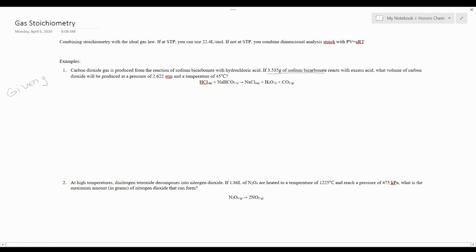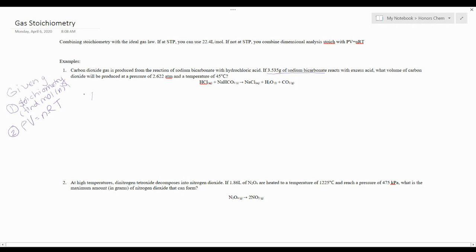In that case, step 1 is stoichiometry. We're going to use that to find moles, just n. And then we're going to do the ideal gas law. So this will be 2 steps.